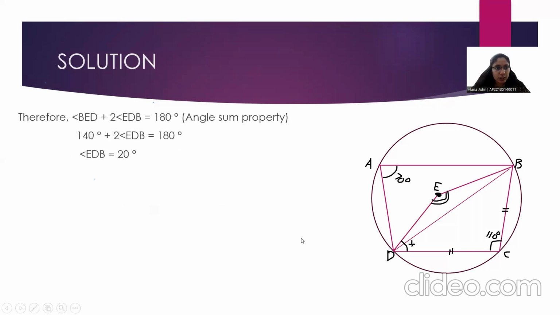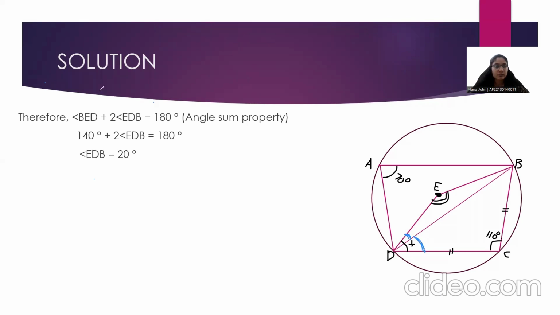By simple calculation, we get angle EDB equal to 20 degrees. So this small portion we obtained as 20 degrees. So some part of the angle X is provided. Now we have to find this portion of angle X, right?